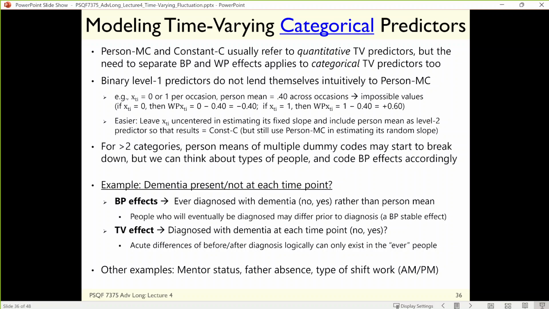If I have a grouping variable with 4 categories, how many slopes do I need to distinguish those 4 categories? 3. Okay, so how many different person means am I going to need? 3. I need the person mean for each dummy code to go into the level 2 model. So the ideas are the same, but it gets to be a little more complicated to keep track of what this stuff means. All right, question.